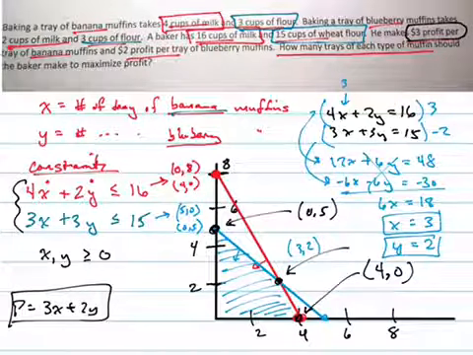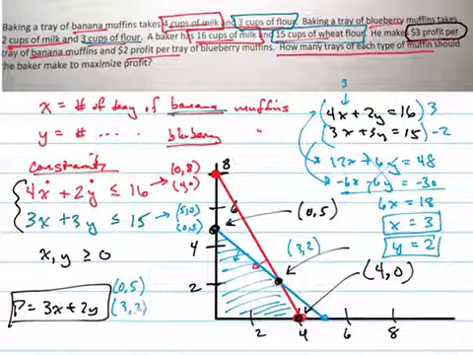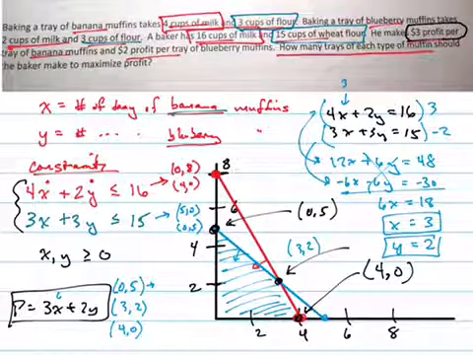Good. So those are my 3 points. Now I've got to figure out what the profit would be for each of those 3 points. My 3 points are 0, 5, 3, 2, and 4, 0. So put x, y into here, 0, 5 into here, that would be 10.